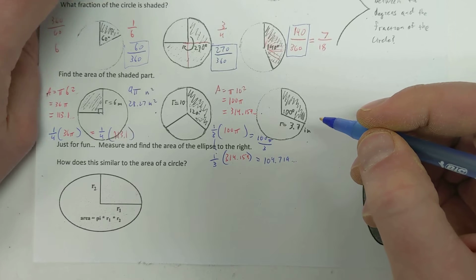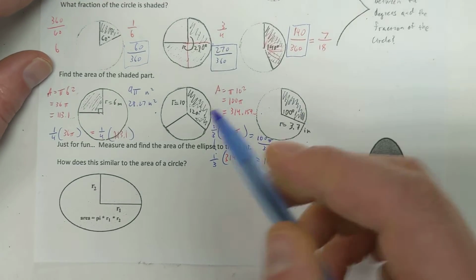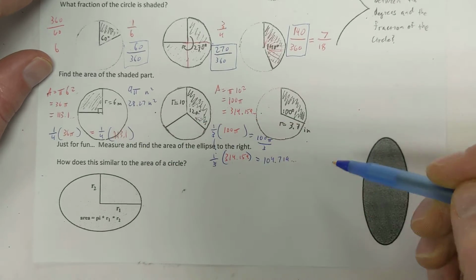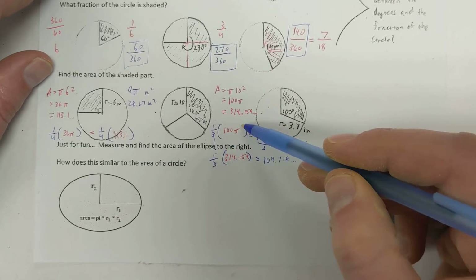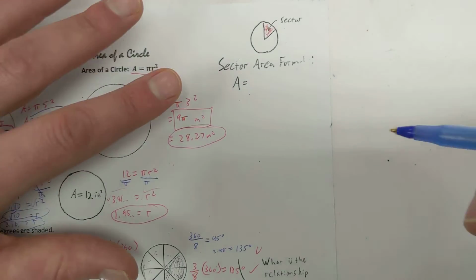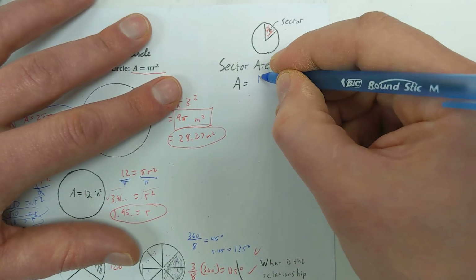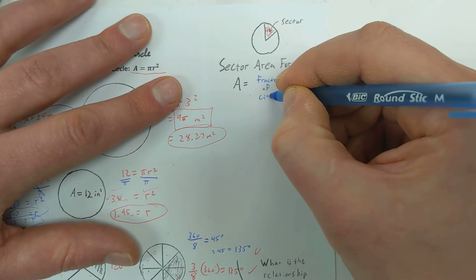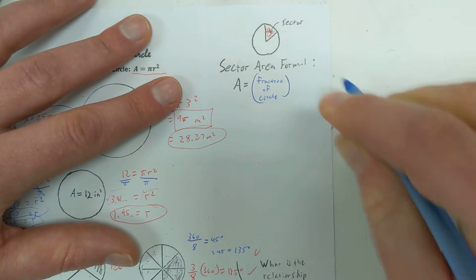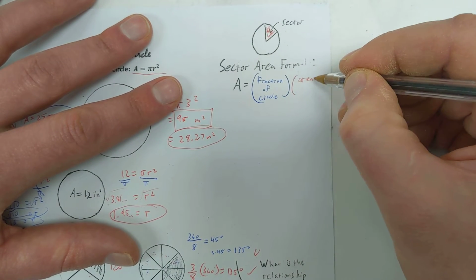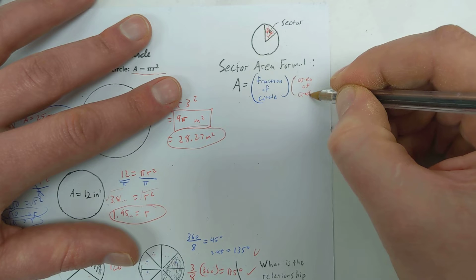Now you may see a pattern here. I'm taking the fraction of the circle times the area. The fraction of the circle times the area. And that's actually the formula up here. I'm going to take the fraction of the circle that we want, and multiply it by the area of the circle.